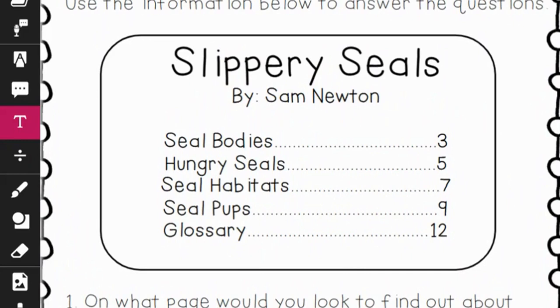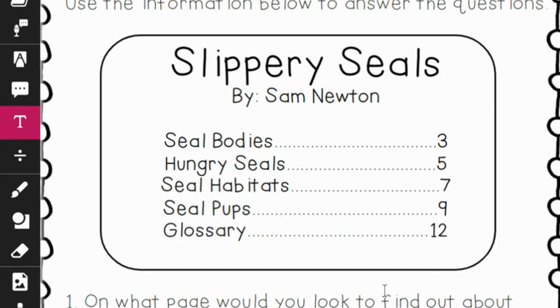Number 1 asks, on what page would you look to find out about what seals eat? So first, we have to find the chapter related to what seals eat, and then we have to find what page that chapter begins on. Let's take a look at the chapters. There is seal bodies, hungry seals, seal habitats, seal pups, and the glossary.